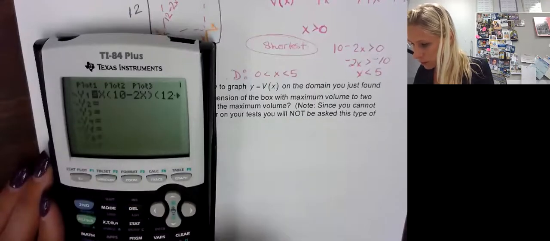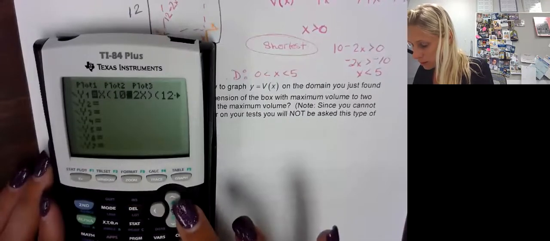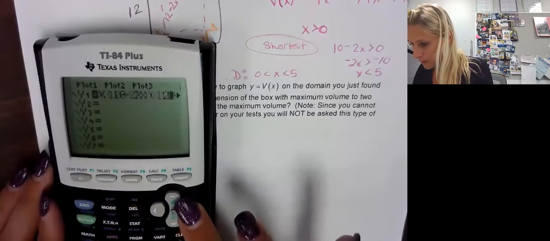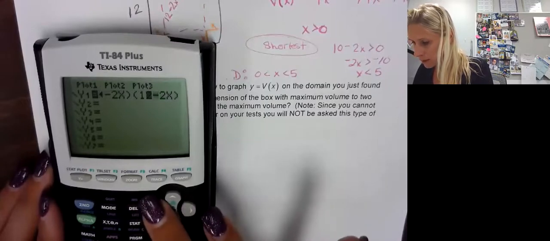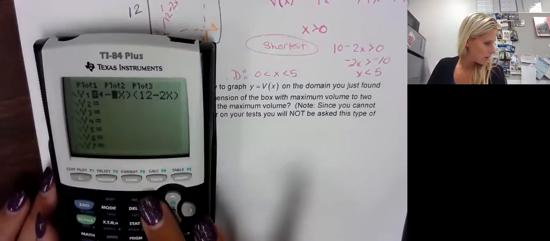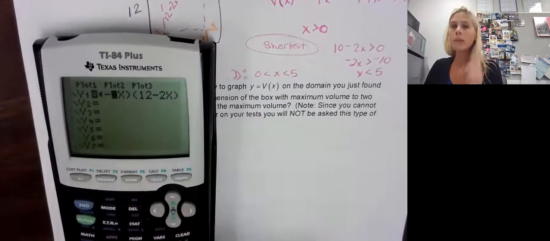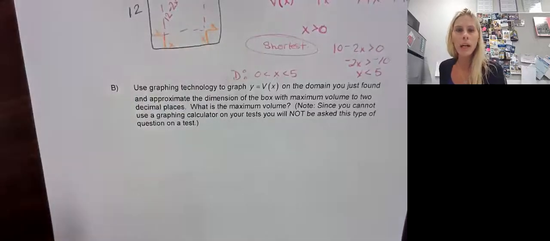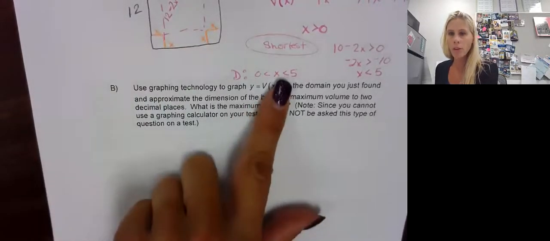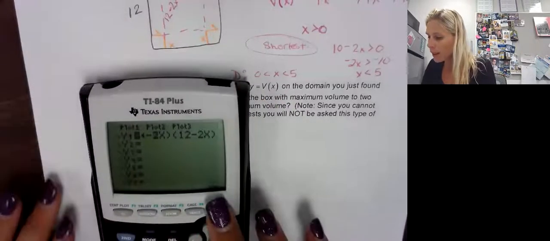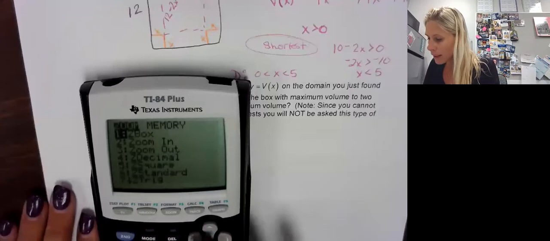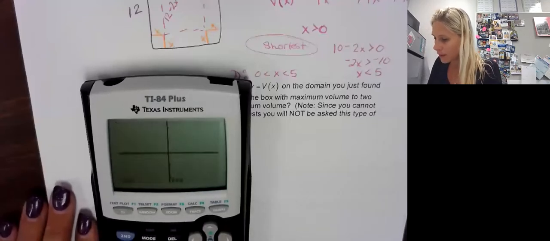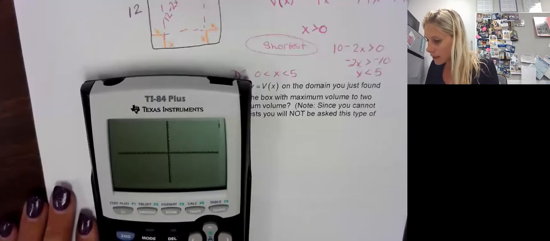Something is wrong with my equation. Did I type that in right, guys? Oh, that's why. Because what did I want? I wanted the maximum volume. There we go. I don't need the x value right now. I need the max value. Let me zoom out. Train of thought is gone.